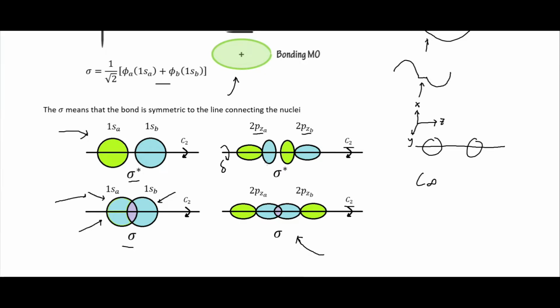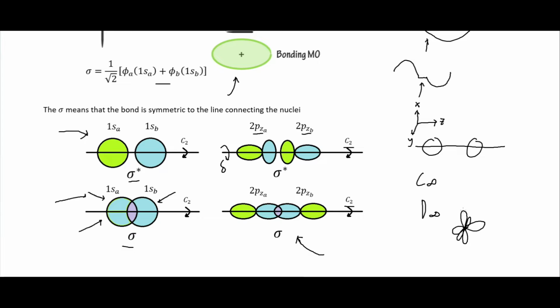But these C infinities and the D infinities as well are very difficult to work with, and so what we do is we take into account the fact that we have our pz orbital there, but we also have our px orbital and our py orbital.